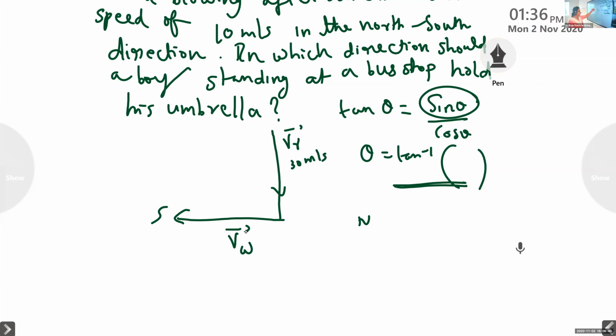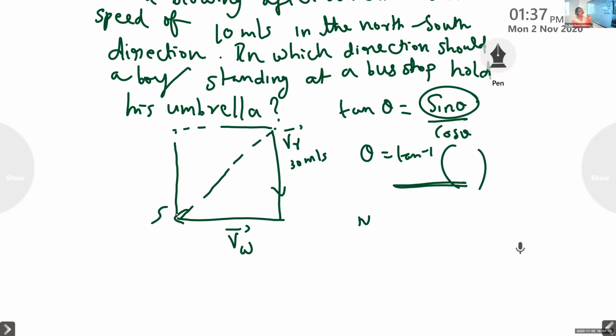So the rain is falling like this. And the wind is blowing in the north to south direction on the x-axis. And we have to find out at what angle he should hold the umbrella. So the resultant vector will be this. If you complete it as a parallelogram, we are using the parallelogram law of vector addition actually.